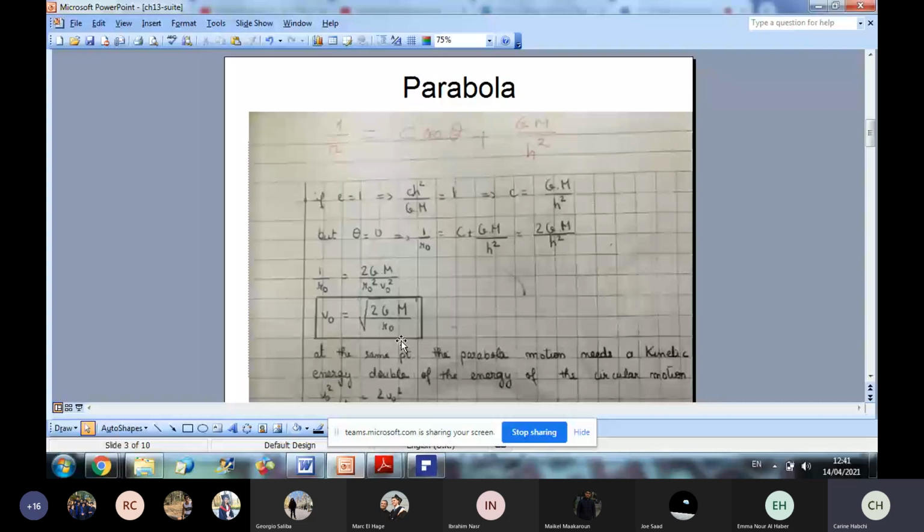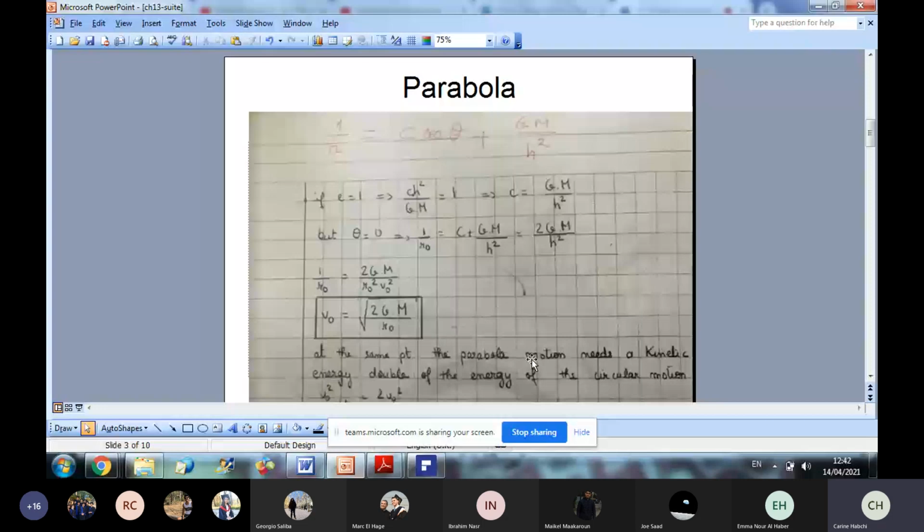If you double the kinetic energy, because here v0 is radical 2gm over r0, so if you square it, you will get a double kinetic energy. If you double your kinetic energy, instead of getting a circle, you get a parabolic path. So at the same point, the parabolic motion needs double the kinetic energy of the circular motion.